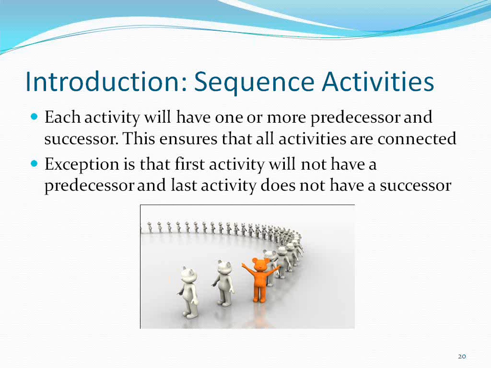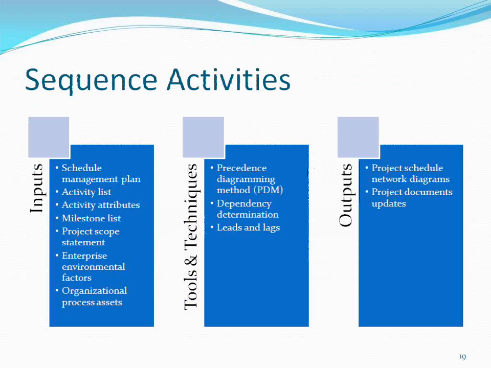To sequence the activity, what inputs do you require? Of course, you need the schedule management plan. You need the activity list. You need activity attributes. The most important thing you require for sequencing activities is the activity list. So activity list, activity attributes, milestone list.